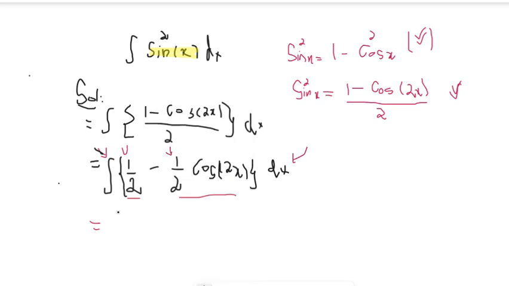So we can write it as integral of the first child, that is 1/2, dx. Now integral of the second child, that is 1/2 cos 2x, then dx.